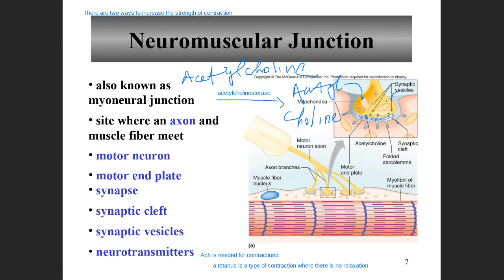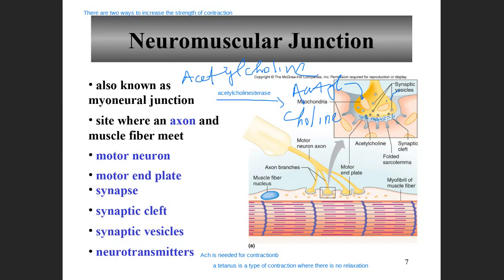So you want to do it synchronistically to help you push the fetus out, if you will, or this creature inside your tummy, abdomen, out.